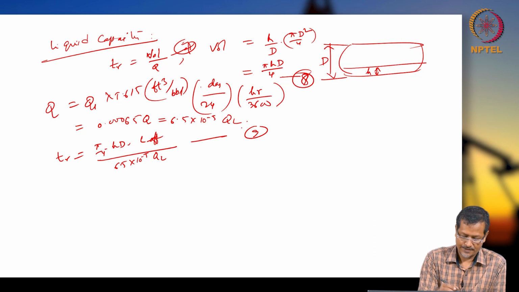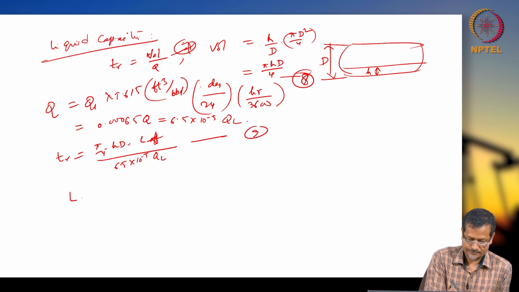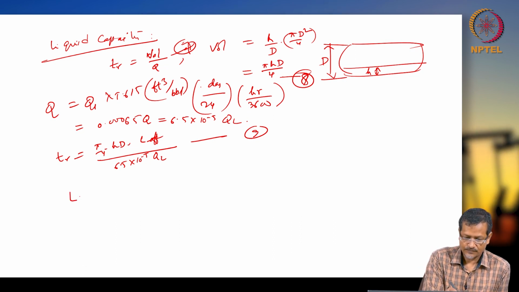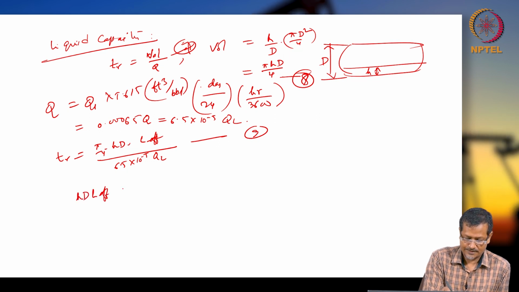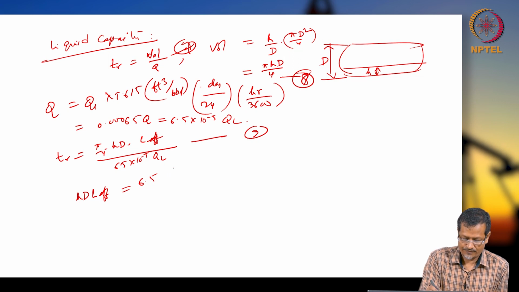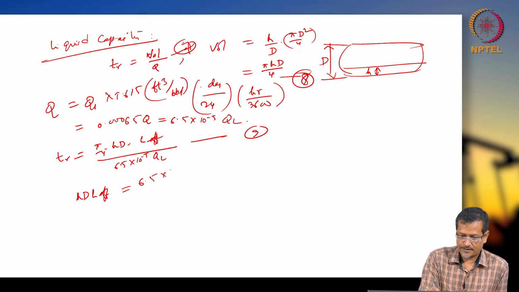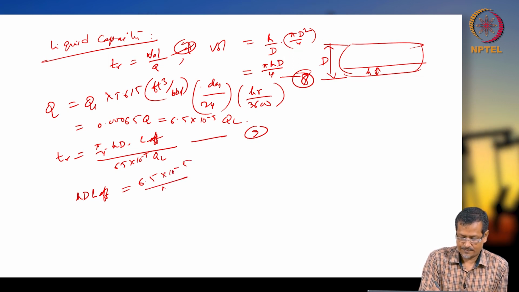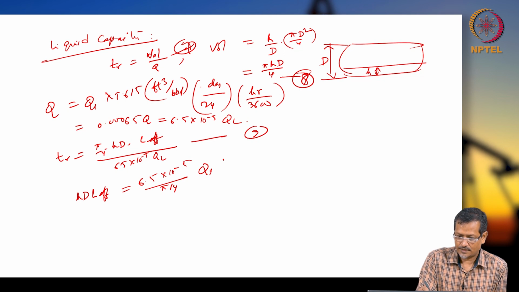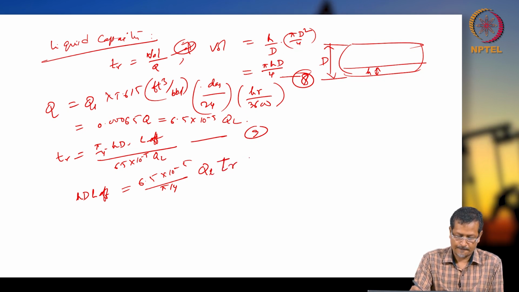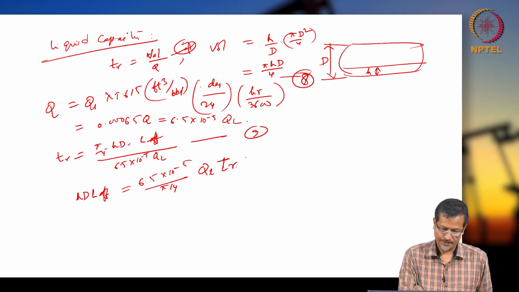Now H D squared effective length equals 6.5 into 10 power minus 5 by pi by 4, QL Tr, Tr for liquid.